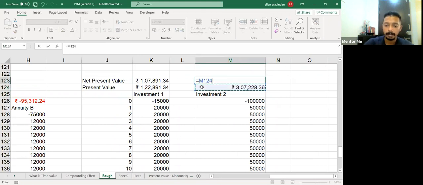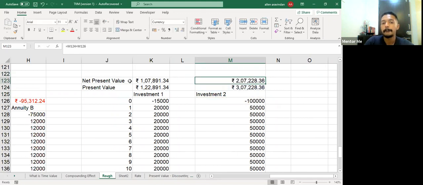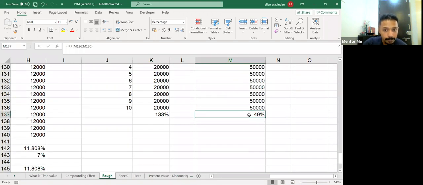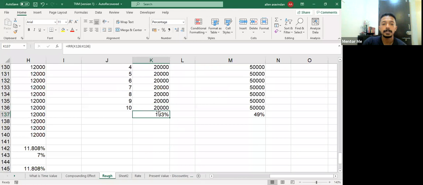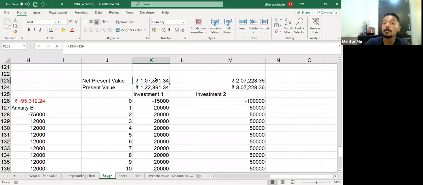Now, if I find the net present value, which is higher? Investment 2, right? So now your decision making has to happen. You have to look at the returns, but also look at the net present value, because the returns which are going to give you a very lucrative number might not actually make you a lot of money in absolute terms.